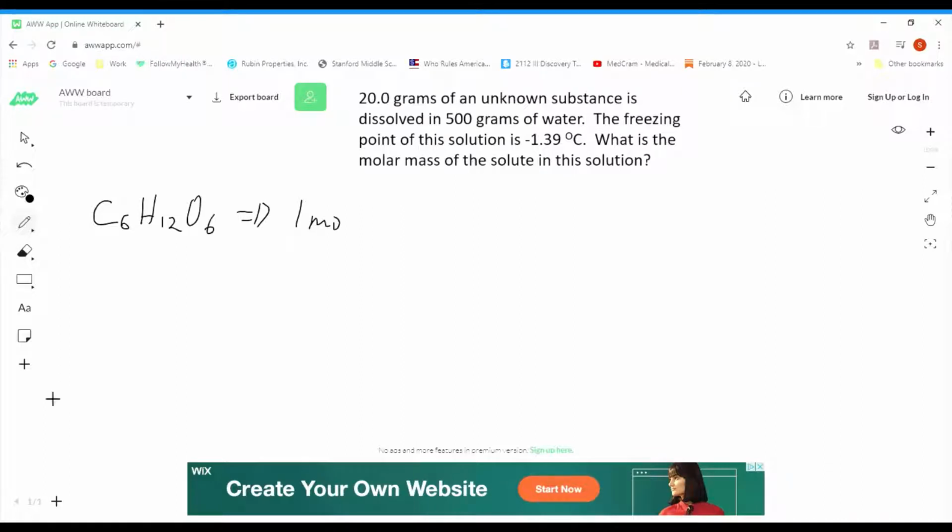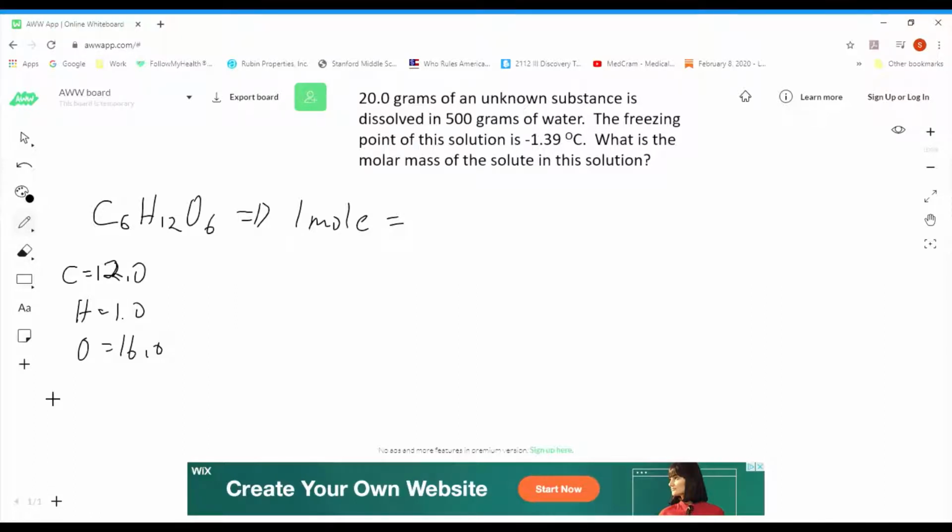Remember, you look up the atomic masses. Carbon's atomic mass is 12.0, hydrogen's is 1.0, and oxygen's is 16.0. Since there are 6 carbons, 12 hydrogens, 6 oxygens, I multiply and add them together.